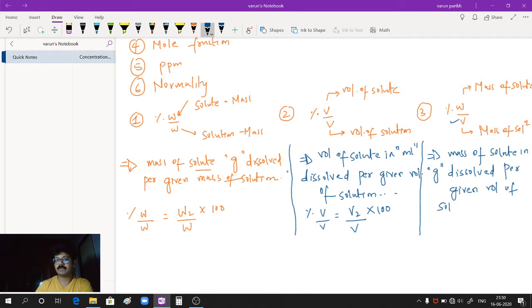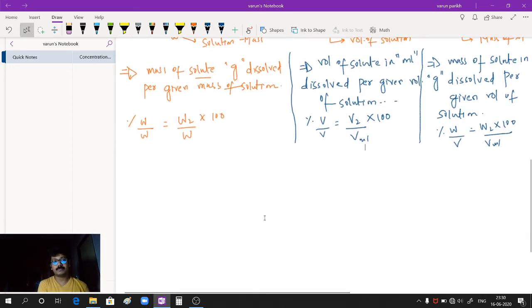That is V, the volume of solution. This is known as mass by volume percent, which is equal to W2 multiplied by 100 divided by V. Here you can mention ml if you wish, so the volume is in ml and the W is in gram.